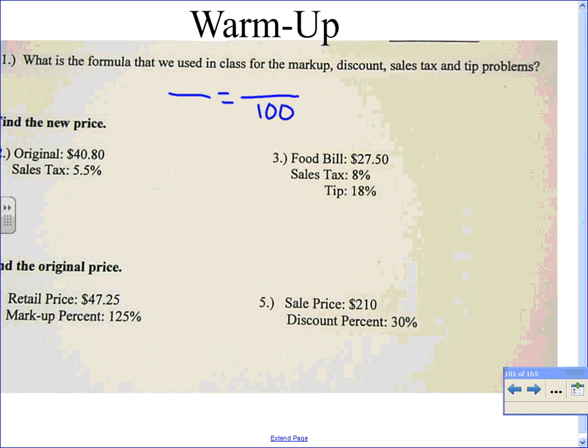Alyssa, what words? Good. New amount over original equals P over 100. Same exact thing Briar said, but I want those words in there. When you're talking about retail and wholesale, it's really important that this is new amount, this is original, this is percent, this is 100. Okay?